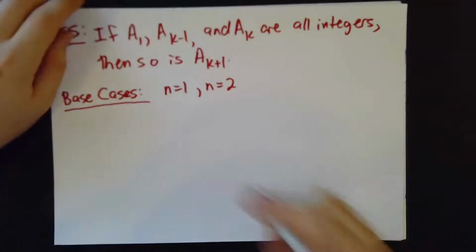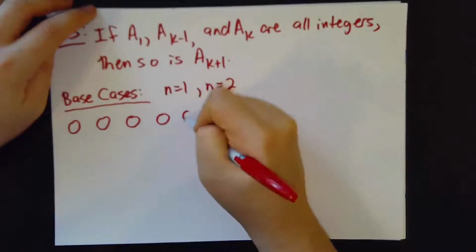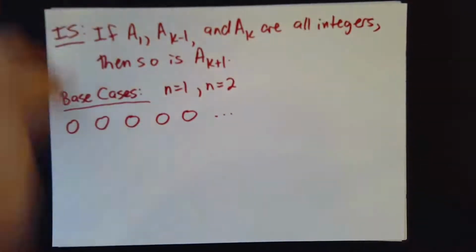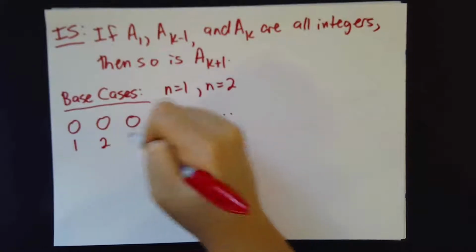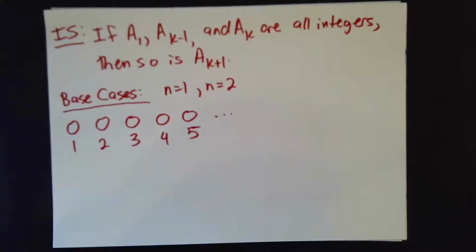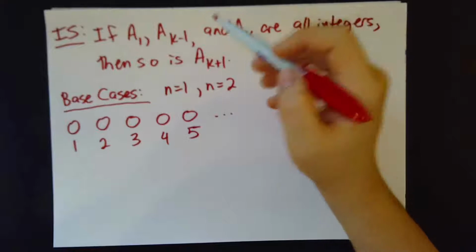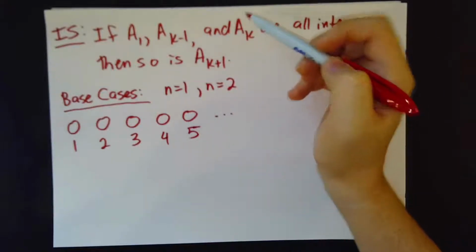And again, I can figure that out by thinking about my list of things I want to prove this for. So here's 1, 2, 3, 4, 5, and so on. Okay, so in order to get somewhere, I need to know the previous 2 places as well as 1.